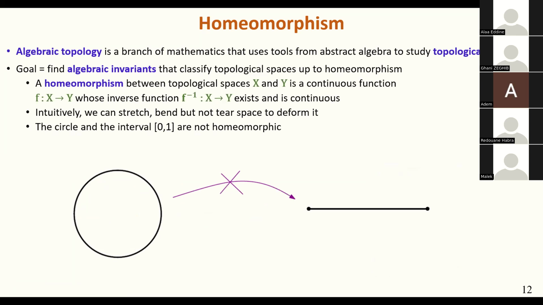It is surely a lot harder to prove this fact, but the idea is that in order to obtain an interval from a circle, we have to cut it, which is not allowed.